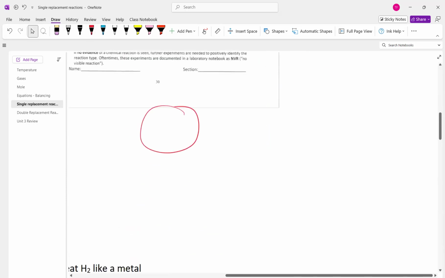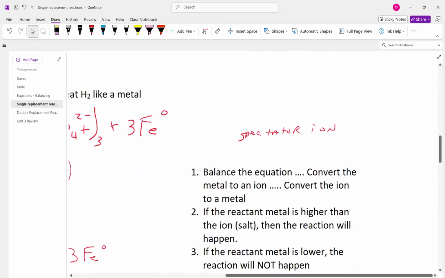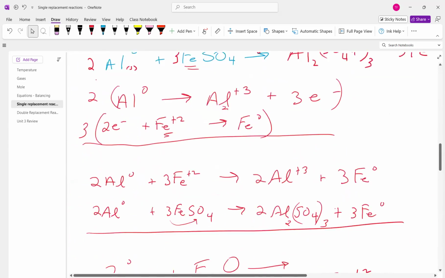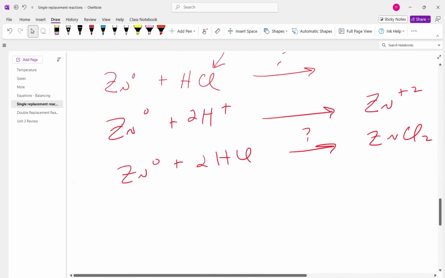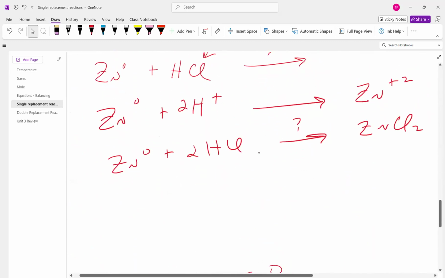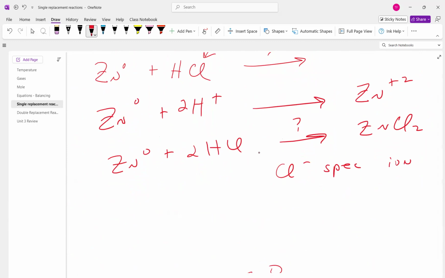So that means what? The reaction is going to happen. And then the chloride ion is a spectator ion.